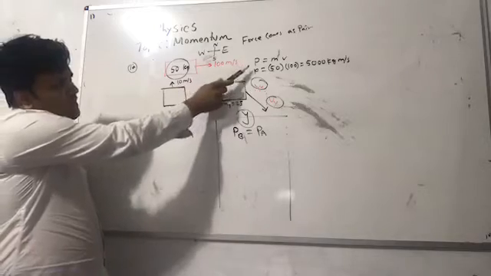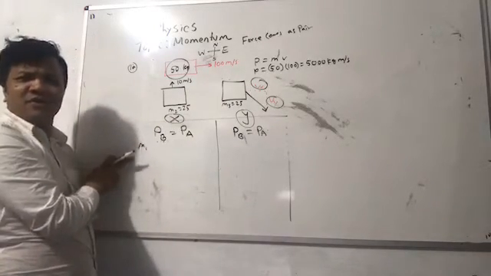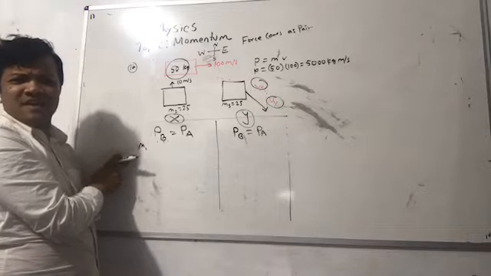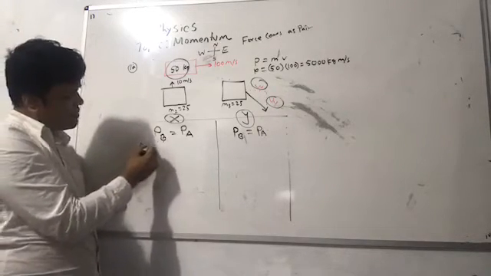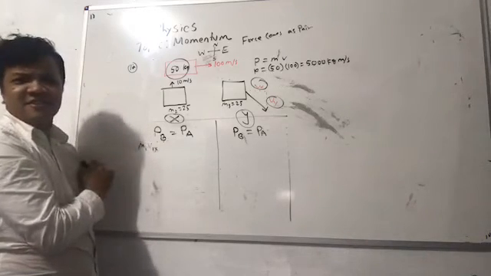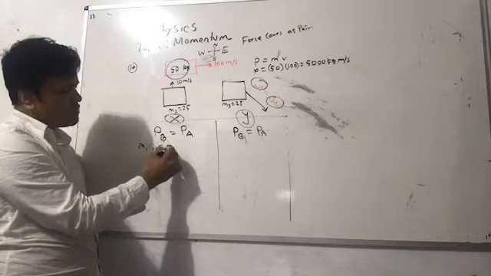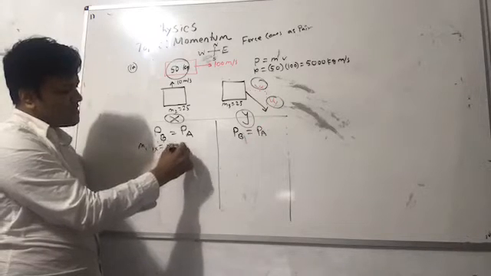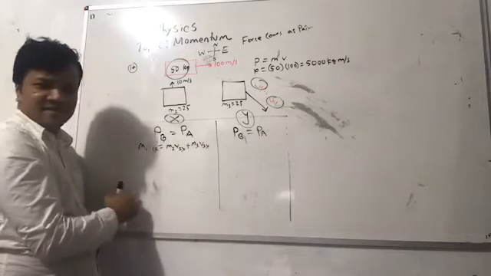So let's see. Momentum before. So you're gonna write m1. Oh, we're not gonna write x before because m is a scalar quantity. It doesn't have any direction. But v definitely has a direction. v1x is equal to m2 v2x plus m3 v3x.